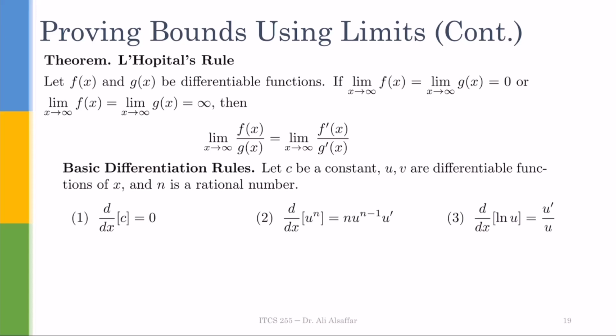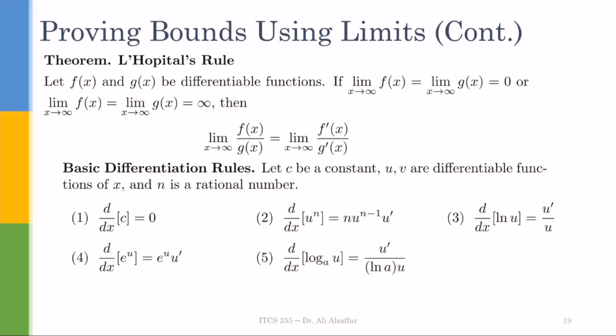The derivative of ln of any function is equal to the derivative of this function divided by the function. Now the exponential function: if e is raised to power a function, then the derivative is equal to e raised to power this function multiplied by the derivative of this function.